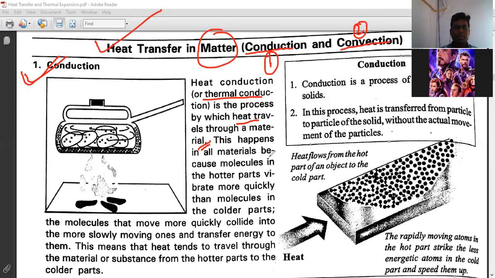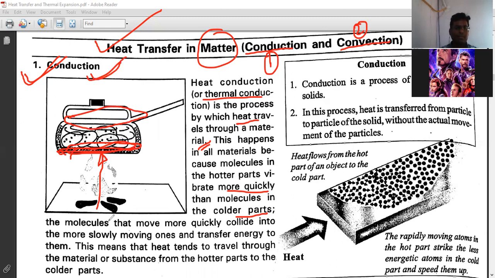This happens in all materials, because molecules in the hotter parts vibrate more quickly than molecules in the cooler parts. Suppose we are providing heat to this part, so these particles move faster as compared to the upper parts. That is called conduction.